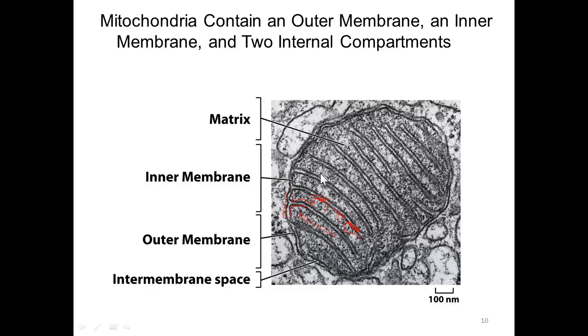So one of the key advantages of having these 2 membranes is the creation of 2 separate compartments, the inner mitochondrial matrix and the intermembranous space, in which different chemistries can occur, different concentrations of molecules can be maintained, and the differences can be used to drive important processes.